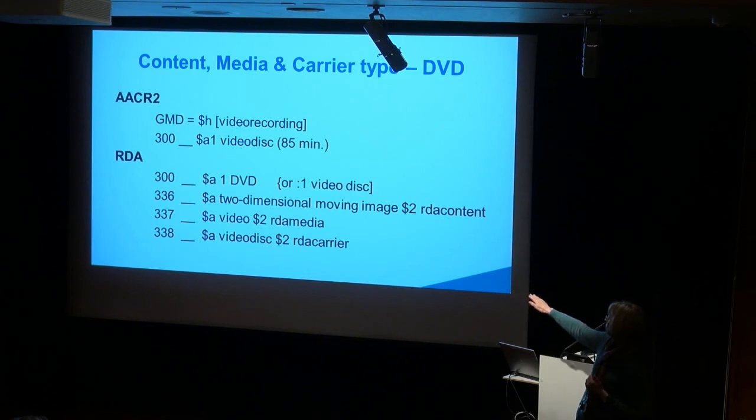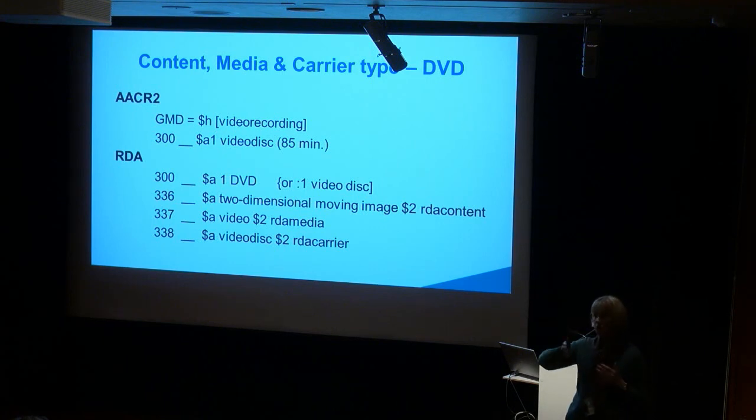But we decided that if we don't follow it now, in the future, because the information in the 33X fields should be standardised, it should be easy to change that programmatically. So we should be able to, say for instance, drag out on our system everything that's got $A two-dimensional moving image next to a $2 RDA content, and just plonk in the subfield B. So if we've got time, we should probably just do it.